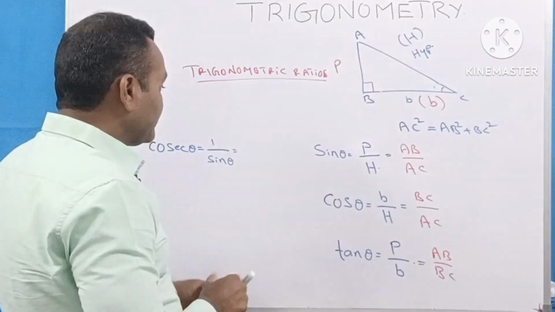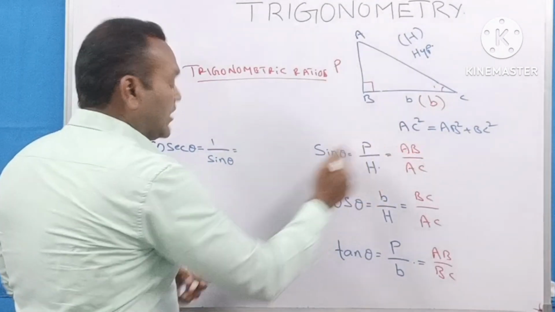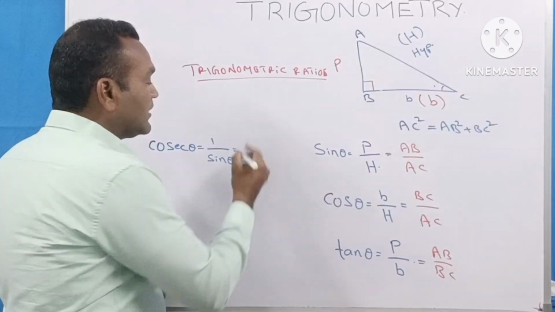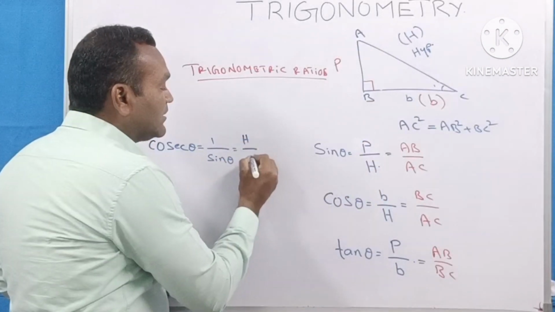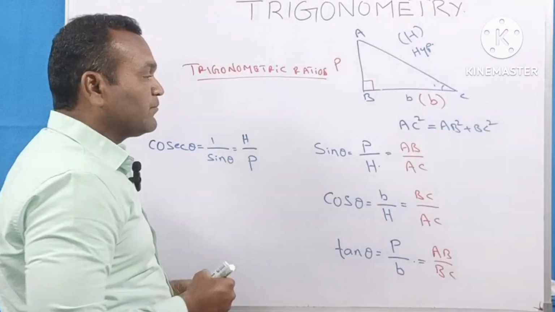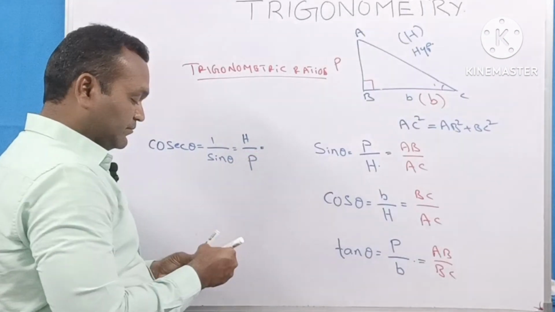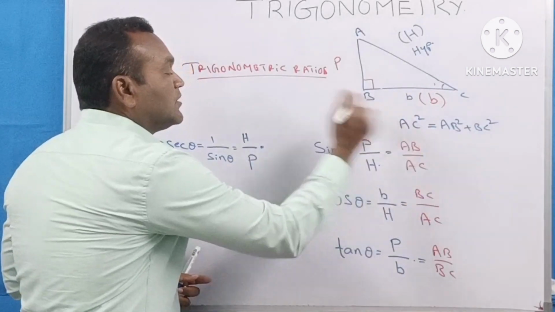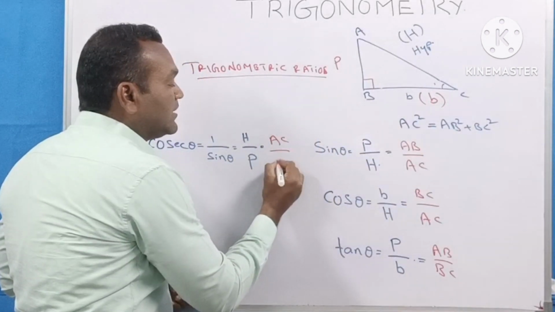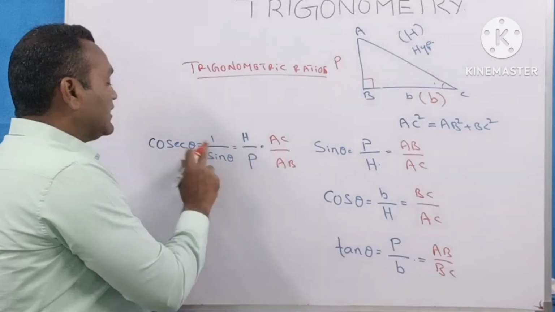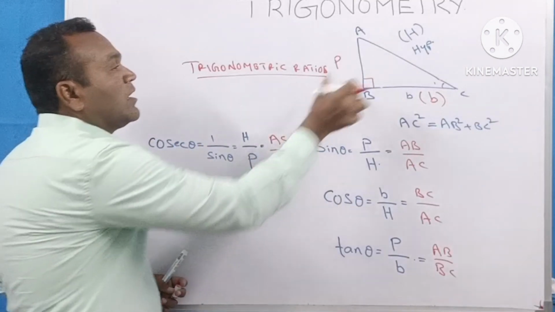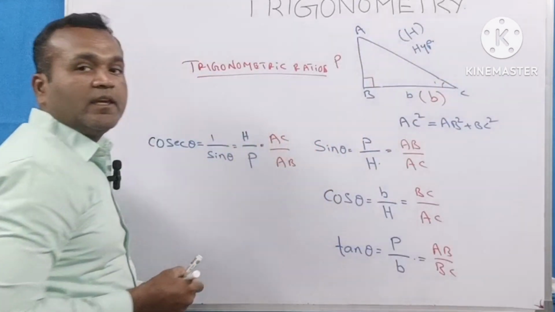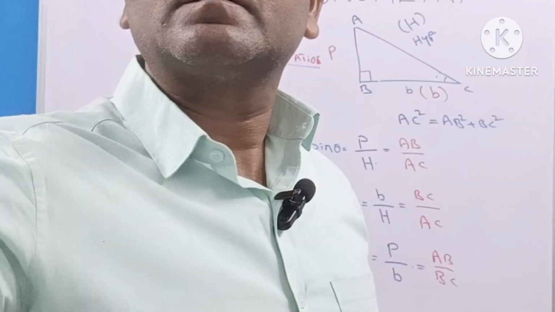What we wrote here as B by H, then it will be H by P. In this term, I can write this as AC by AB. Here, cosec theta equals hypotenuse, AC, upon opposite, AB.